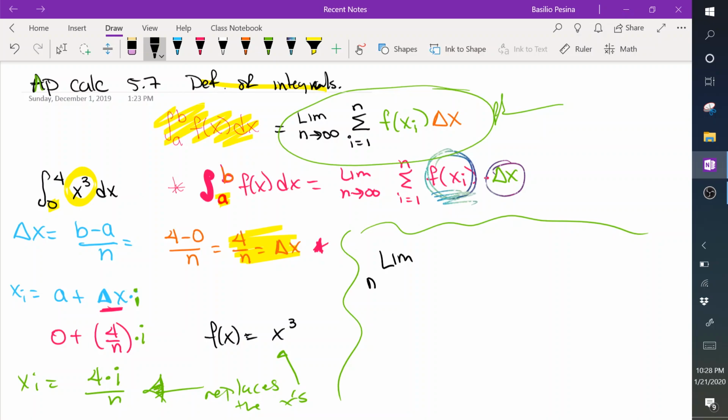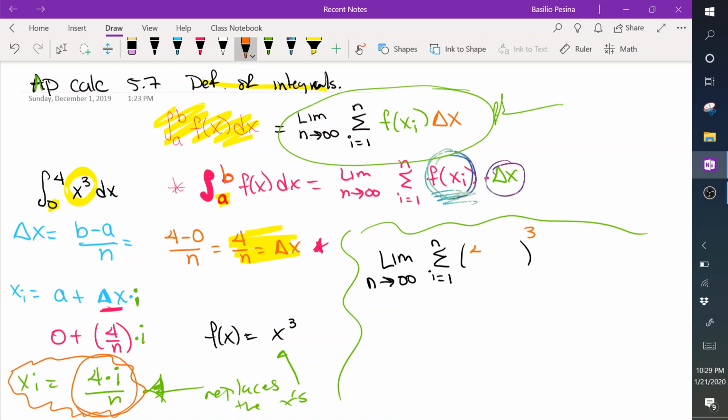The limit as the rectangles go to infinity, and we add their areas from i being the first rectangle to the last rectangle, which is infinity, we get the following. The function was something cubed, and my new x's are given to me here. This right here will be my new x's.